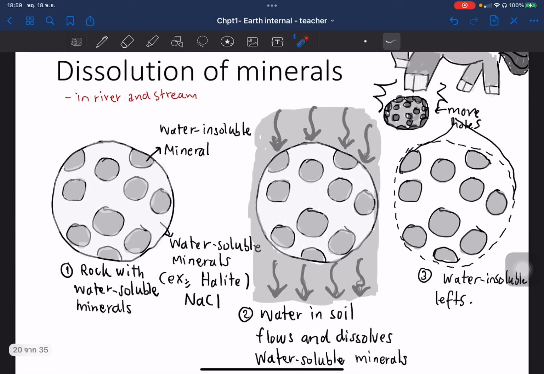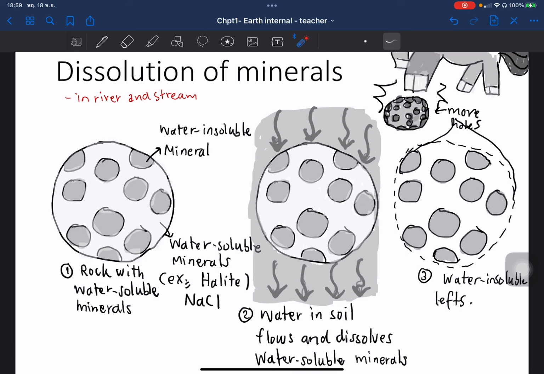The dissolution of minerals. The rock is composed of many different types of minerals. The first one here is a water insoluble mineral, and this one is a water soluble mineral. For example, halite contains sodium chloride, which can dissolve into water. When water in the soil flows through this type of rock, or even rainfall, the sodium chloride in the halite will be dissolved through the water.